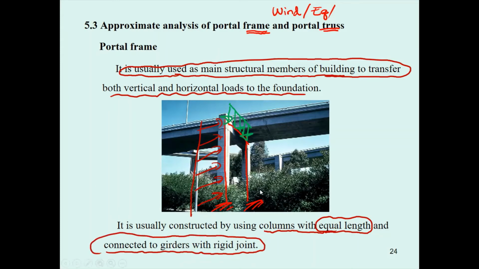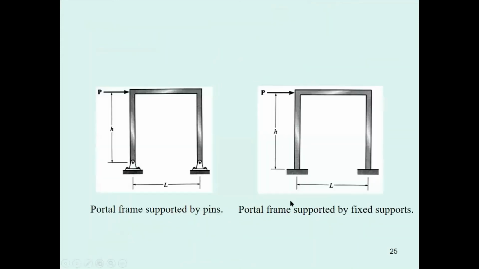So in the model, we will model the portal frame as shown here. Some may be supported by a pin. For example, the portal frame that is used to transport the heavy loads in the harbor of Thailand.